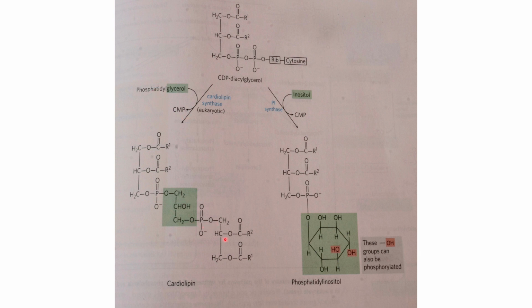Phosphatidylglycerol can replace the phosphate with liberation of CMP, and alternatively, you can have a synthase with inositol replacing, so you can get phosphatidylinositol here with possible phosphorylation.